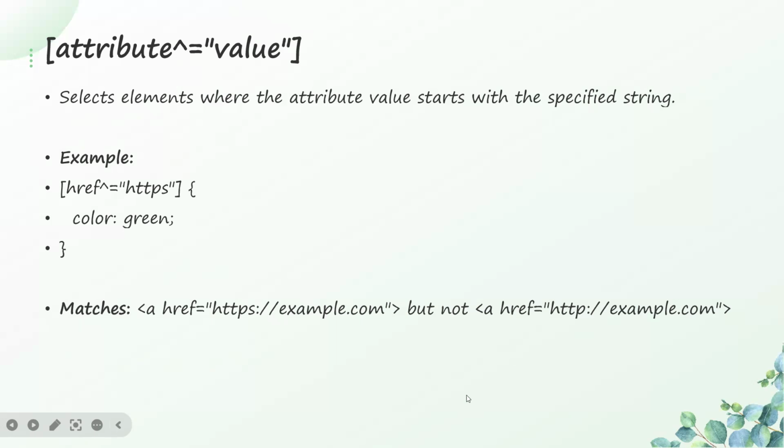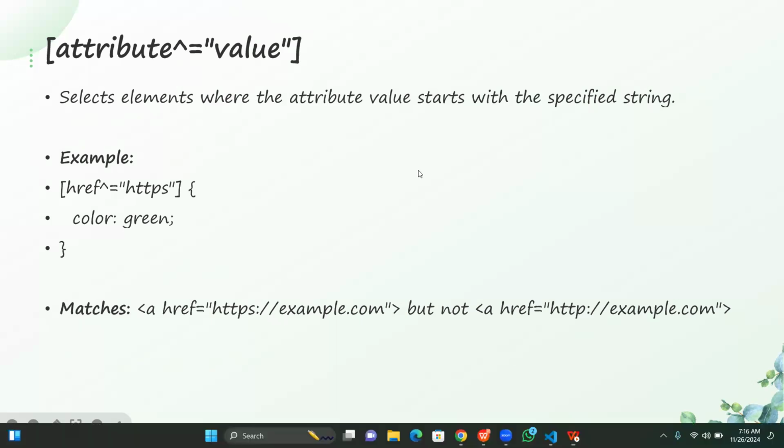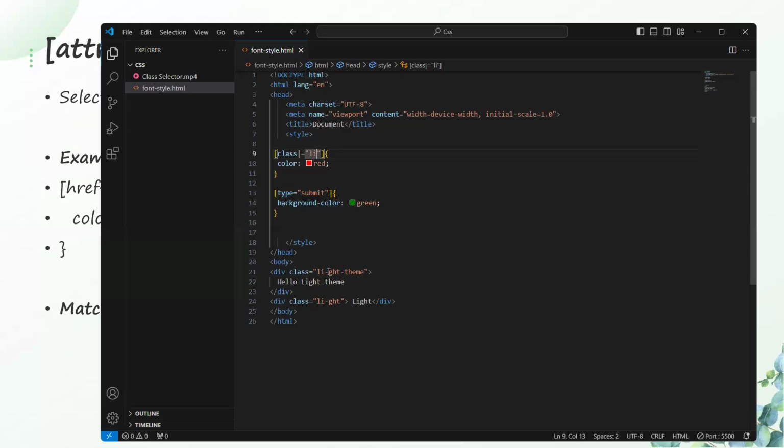So let me go back to my example. Here, I do not want to do the hyphen thing again, but I want to match the one that starts with. So I will not use the pipe anymore. I'm going to use, where is it again? Where is it on my keyboard?